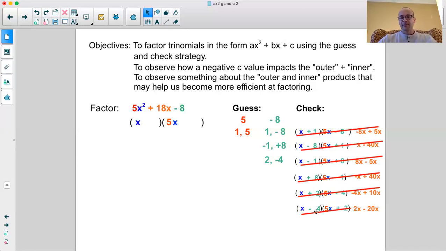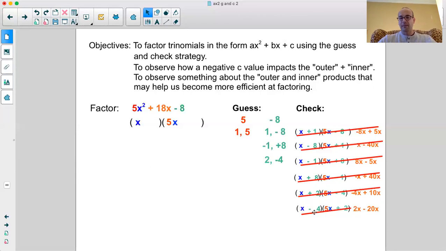So that's not the right factorization, but since we were that close, maybe we know where we're headed now. Because what we did was we made a +2 as an outer product and a -20 as an inner product, and that created a -18 as our total. If we just had the opposite signs on these two things, we could get that done. And I don't want to change signs on my lead terms.